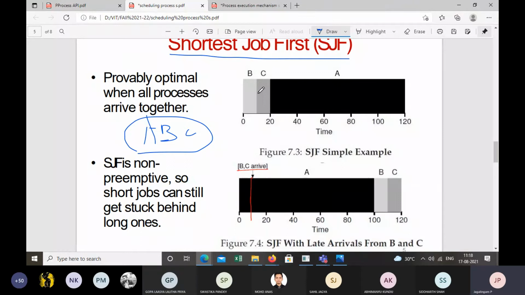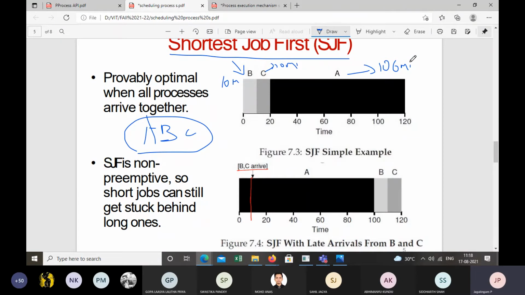Now let us assume that process B needs 10 milliseconds to complete execution, and process C needs 10 milliseconds. Process A needs 100 milliseconds.